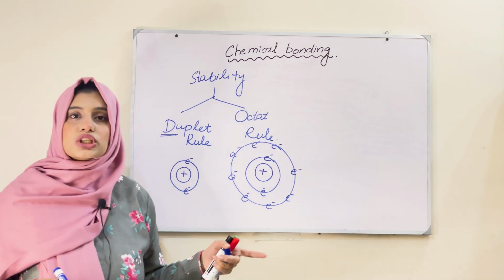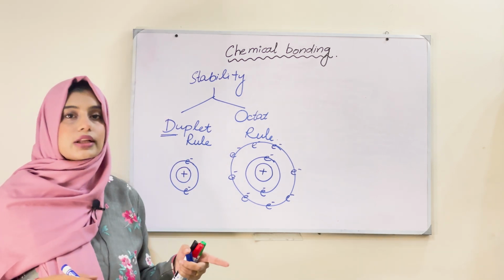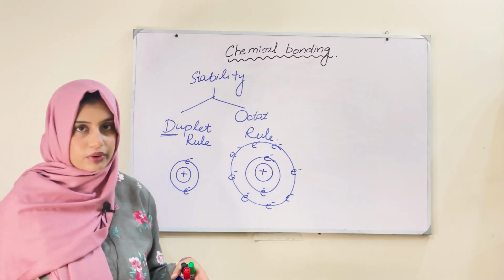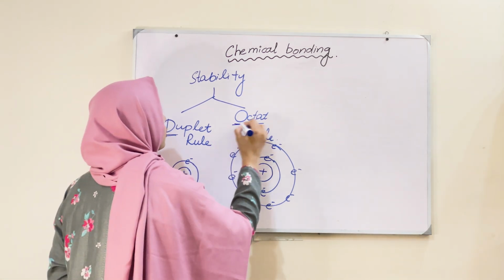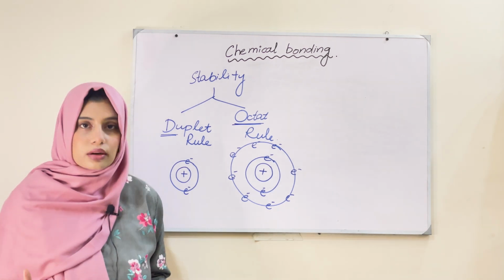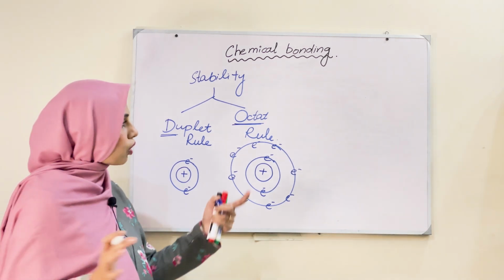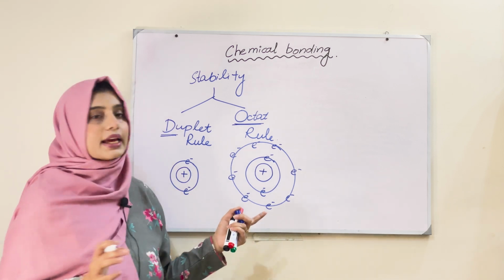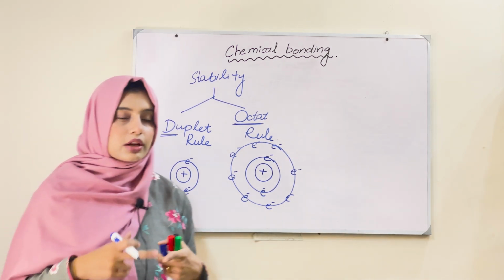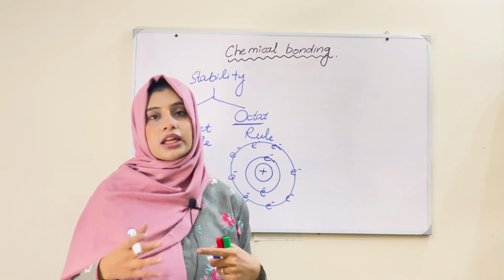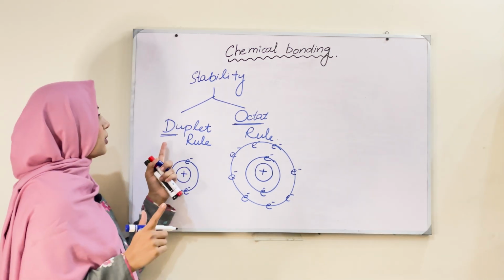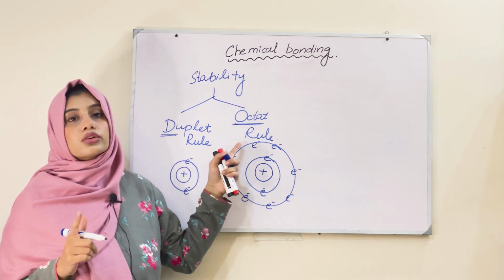If the outermost shell has 8 electrons, it is following the octet rule, right? Octa, as in octahedral, whenever the word octa comes, that means 8. So the octet rule means 8 electrons in the outermost shell. Clear? Now I am going to tell you about ionic bonds and how the ions are formed. For that, you must keep in mind the duplet rule or the octet rule.